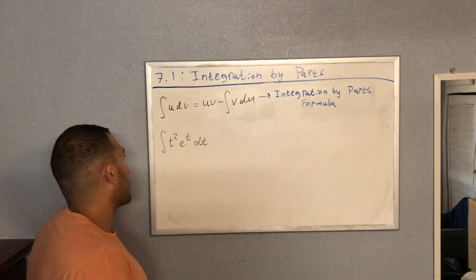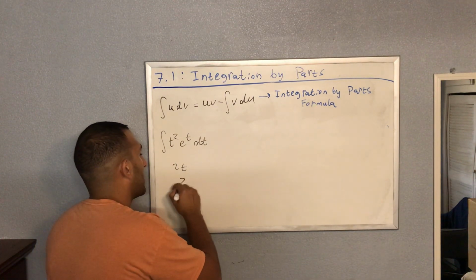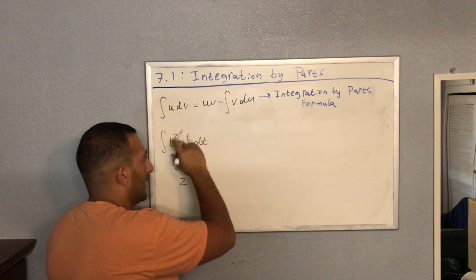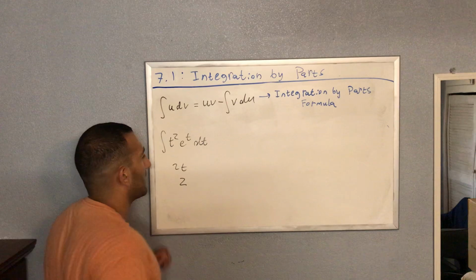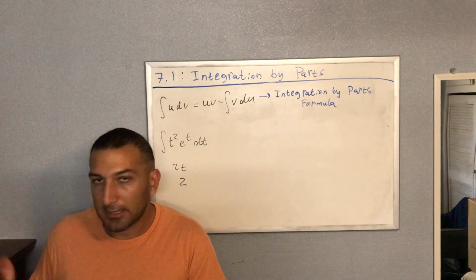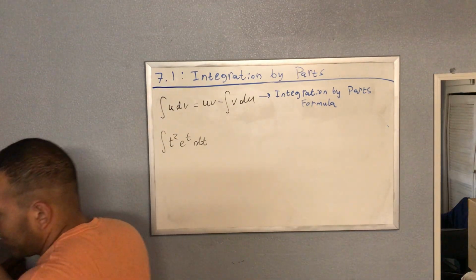And notice if we take its derivative once, we get 2t. Take the derivative again, we get 2. And so then if we're just left with 2 times whatever we get for the rest of it, we will be able to take the integral. And so that is a good indication as to what to use for u and dv.